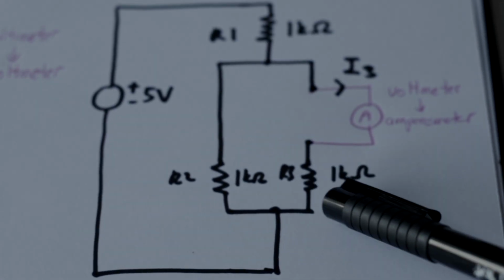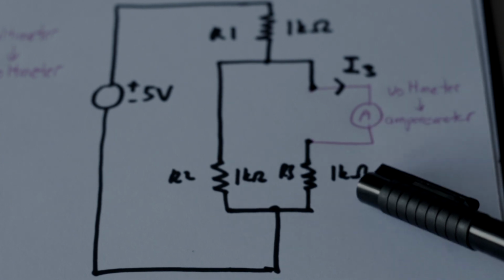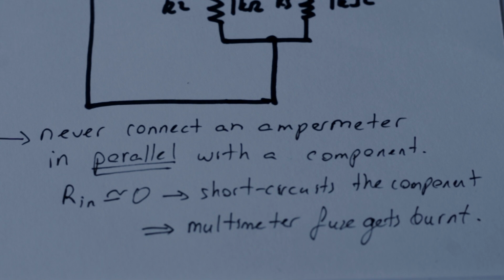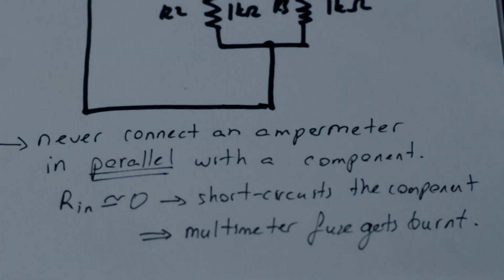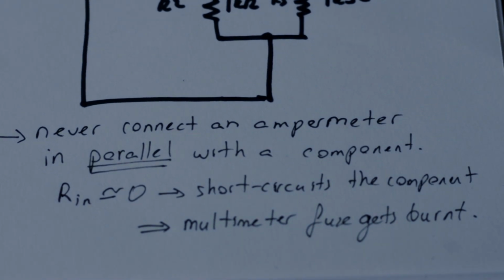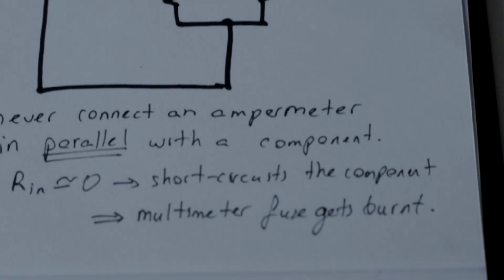So R3 in parallel with 0 is 0. So the entire current will pass through the ampere meter, and it's usually a large enough current to get the fuse inside the ampere meter burned. So you can replace the fuse, but let's just use the instruments properly, and let's not do any damage to the components.